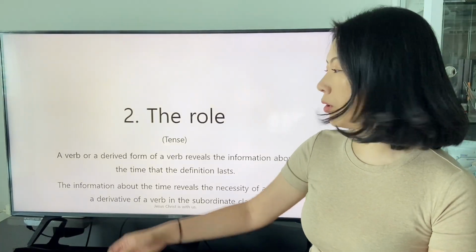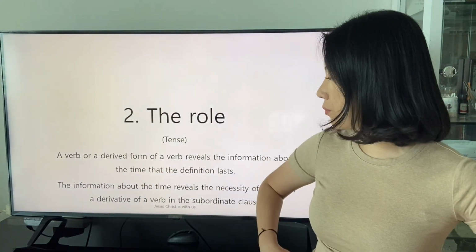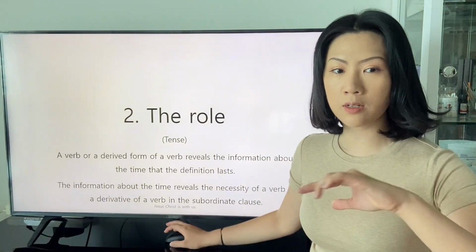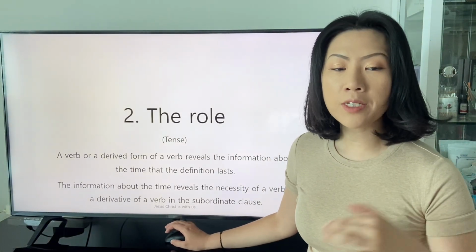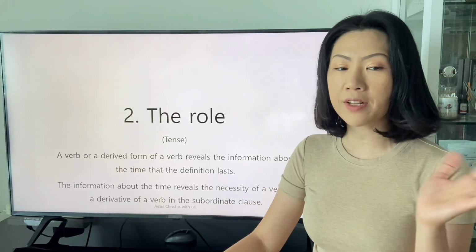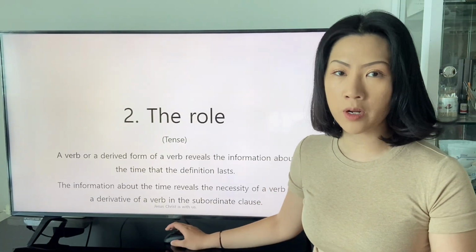A verb or a derived form of a verb reveals the information about the time that the definition lasts. The information about the time reveals the necessity of a verb or a derivative of a verb in the subordinate clause.